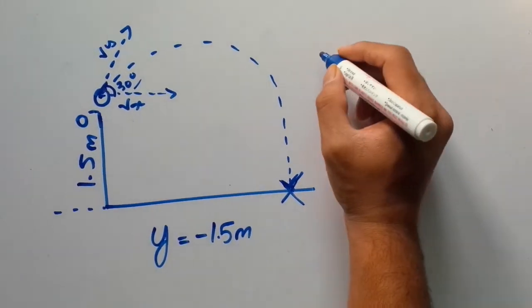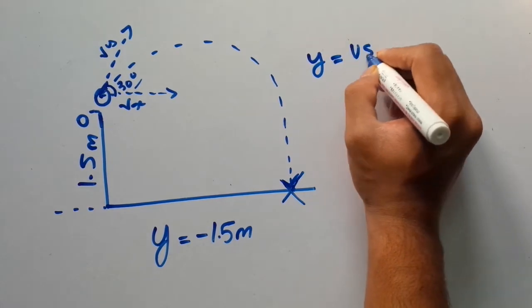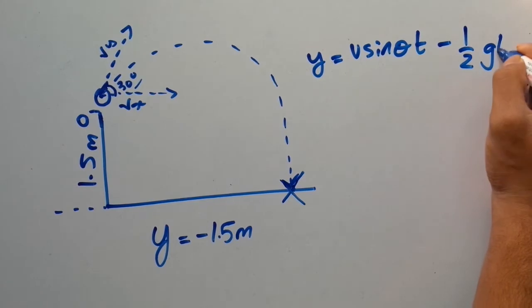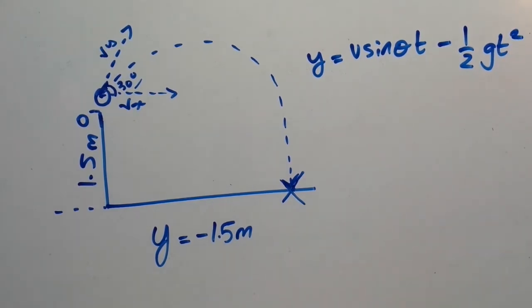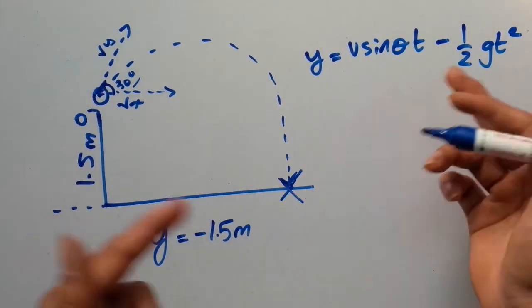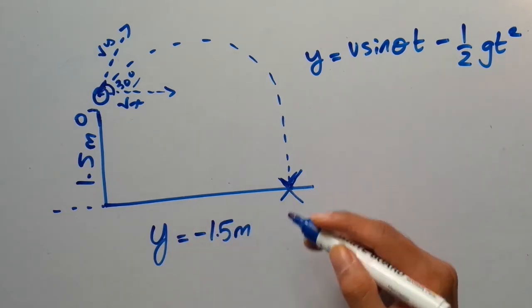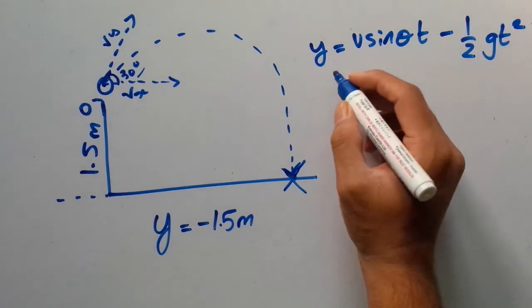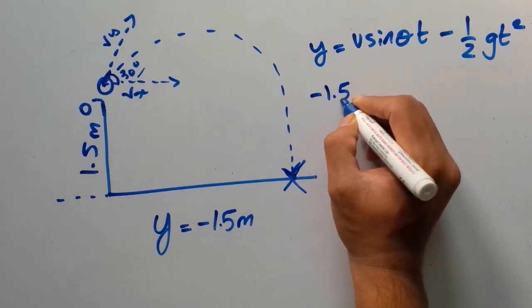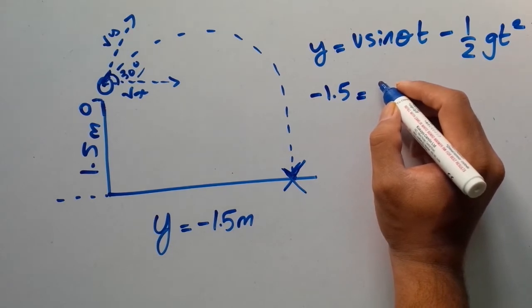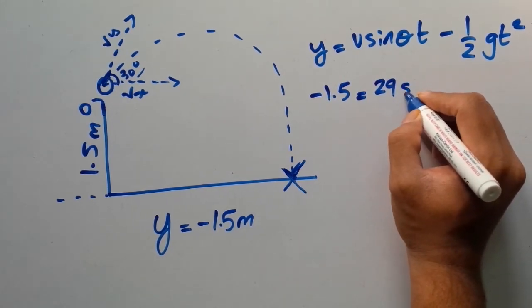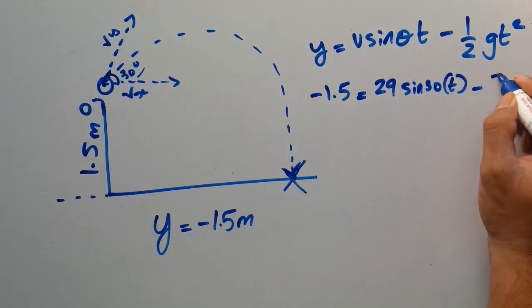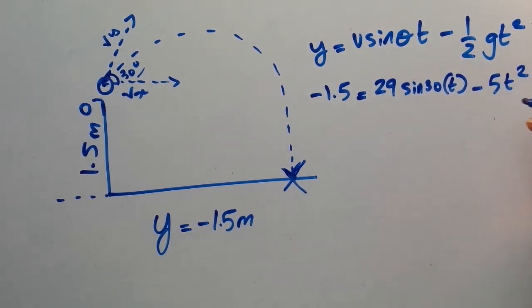Using the equation y is equal to u sine theta t minus half g t square, we can find the time at which it touches the ground. Substituting the values in the equation, we get minus 1.5 is equal to 29 sine 30 t minus 5t square.